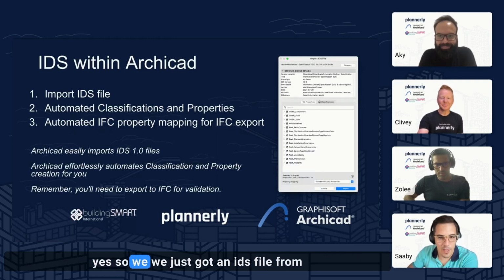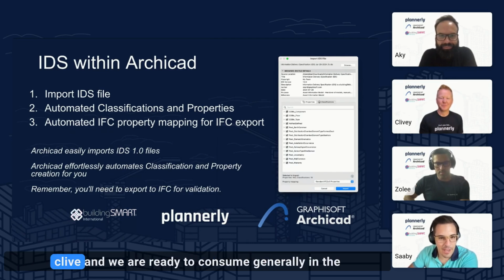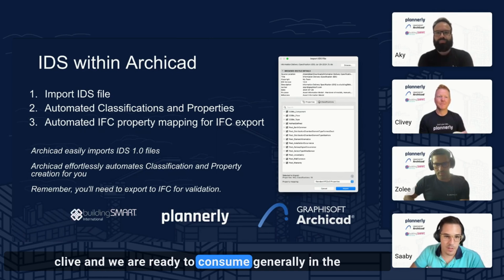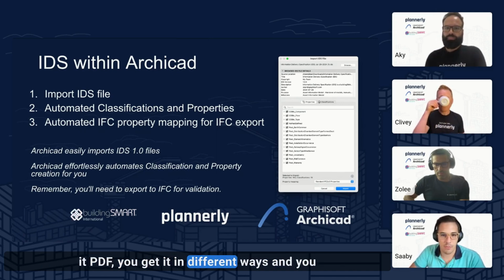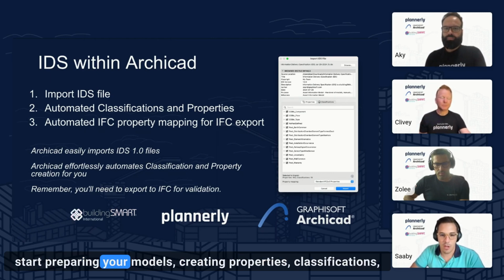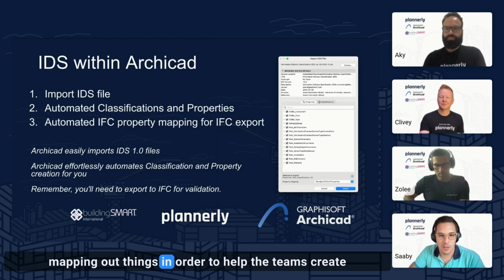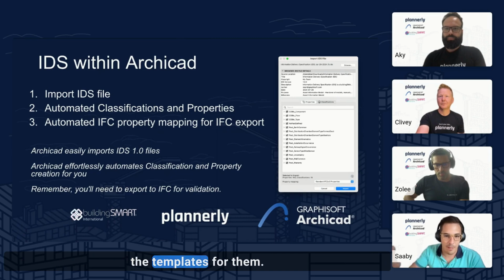Yes, so we just got an IDS file from Clive, and we are ready to consume. Generally, in the previous workflows, you get it in a spreadsheet, you get it in a PDF, you get it in different ways, and you started preparing your models, creating the properties, the classifications, started mapping out things in order to help the teams create the templates for them.